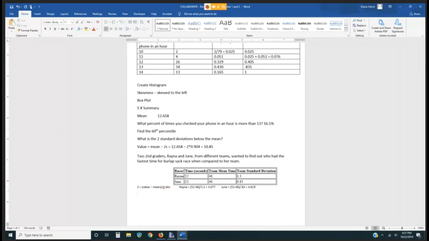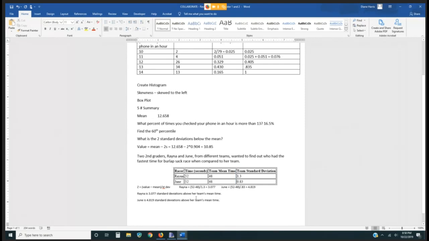Okay, so what this means is that Raina is 3.077 standard deviations above her team's mean time. June is 4.819 standard deviations above her team's mean time. So if we think about this with a race, we want to be as quick as possible.